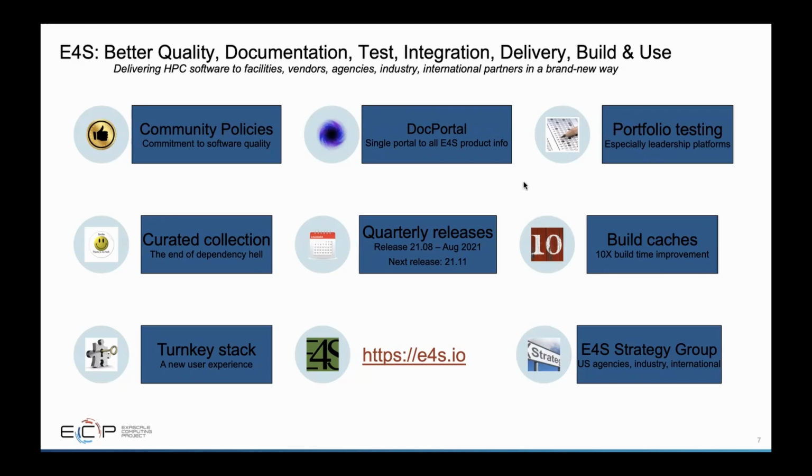We have defined community policies that you must adhere to if you want to be part of the E4S ecosystem. There is a doc portal that is a single portal to all the E4S product information. There is portfolio testing. We curate a set of packages. We have quarterly releases. We had a last release in August 2021.